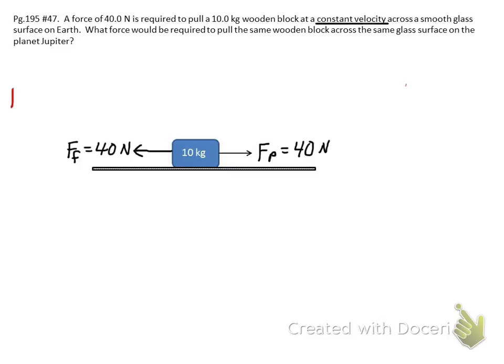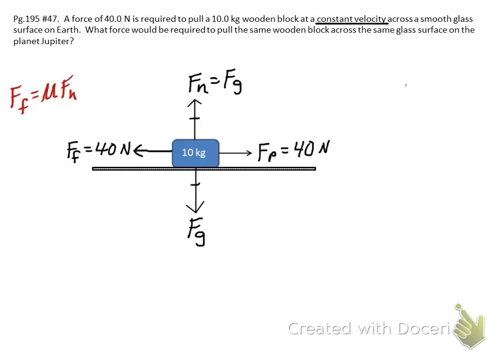Now what about the vertical dimension? The vertical dimension is going to help us find force normal, because my force normal is going to be equal to my weight. And then I can use that to calculate my mu k in this case.